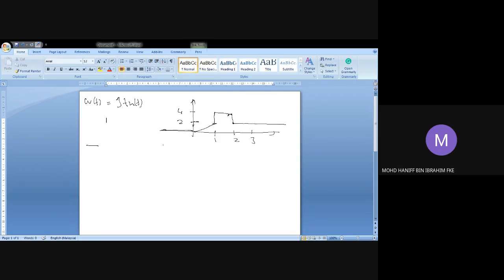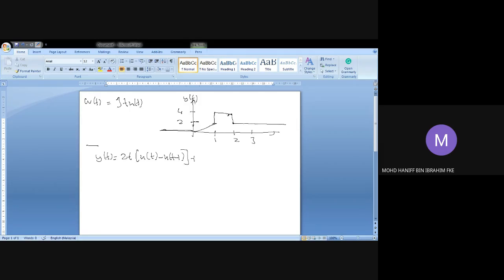From this yt, we can write that yt shall be equal to, this is a ramp, so that should have a slope of 2. So that should be 2t, between t minus ut minus 1. That should be for the first one.